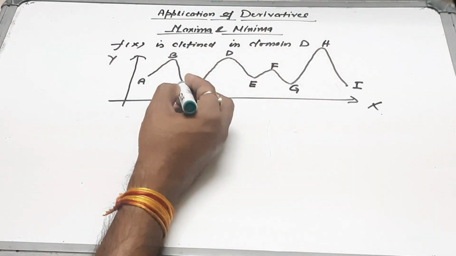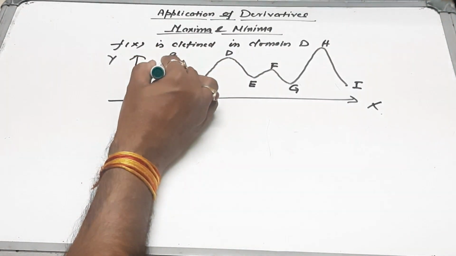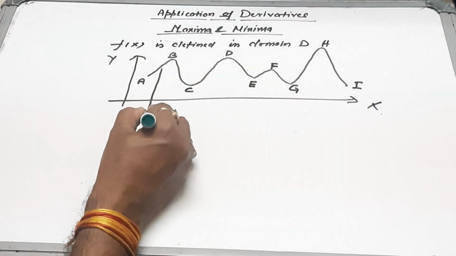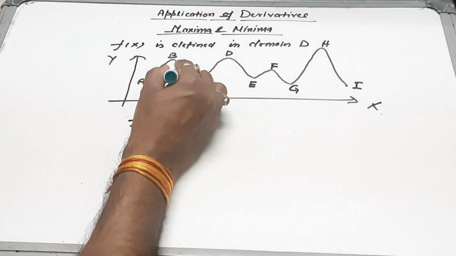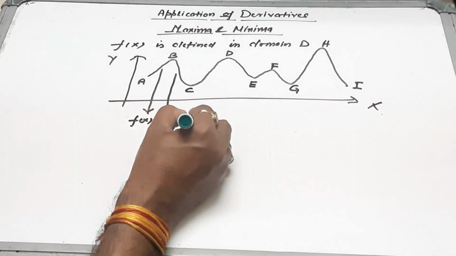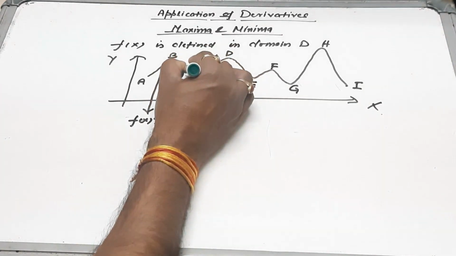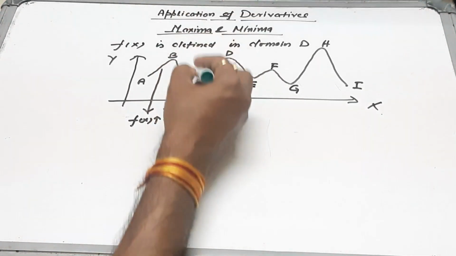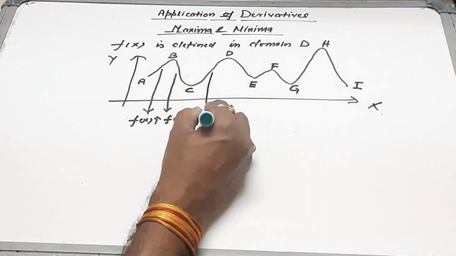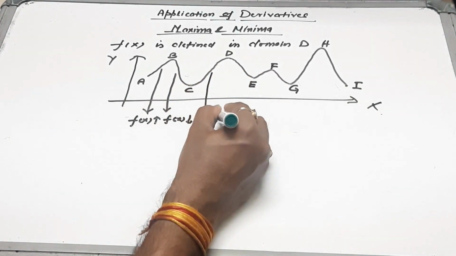correct? Now you see the function is monotonically increasing in section AB, correct? Similarly here it is decreasing, f(x) down. Similarly, in the section CD, it is again increasing, f(x) up.